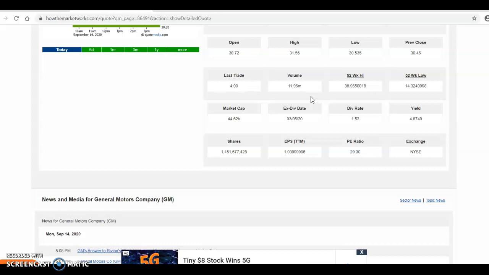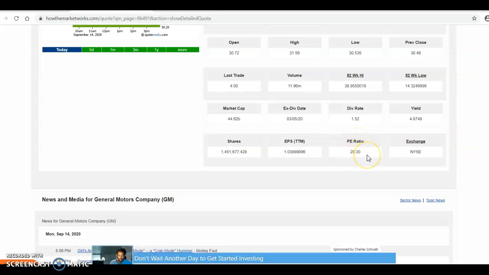The stock market is huge, okay? So this tells you about dividends and the dividend rate, the yield that you would get off of investing in here, the exchange that these are sold on, which is the New York Stock Exchange, the PE ratio, we've talked about that in class.